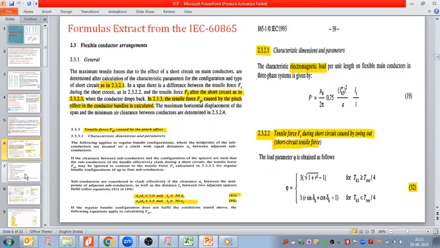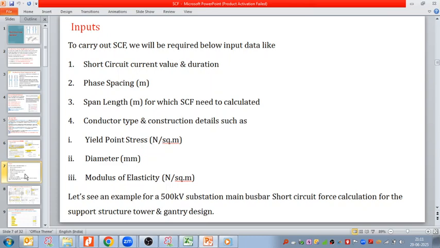this SCF. Let us see what inputs we require to carry out the SCF. We will require the following input data: the short circuit current, because we are calculating the effect of short circuit, and the duration, whether 1 second or 3 seconds. Second, the R to Y and Y to B phase spacing.